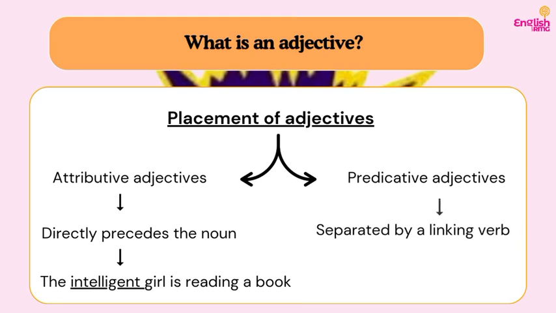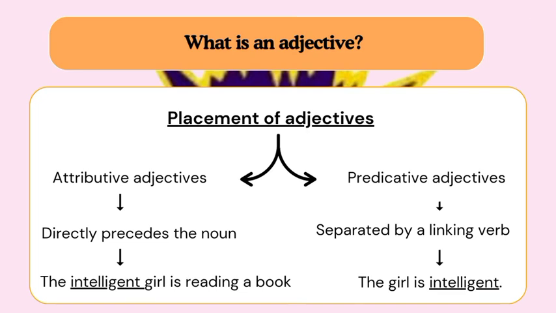However, on the other hand, predicative adjectives are usually separated by a linking verb. That is, it is not usually right beside the noun it is modifying. So, for example, we have: The girl is intelligent, already separated by "is". So, the two types are what? Attributive adjectives and predicative adjectives.